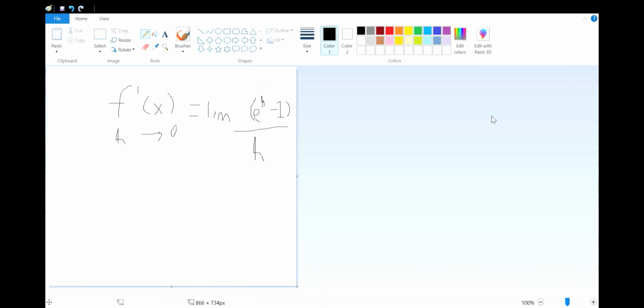We now use substitution, substituting e^h minus 1 for y, and also noting that e^h minus 1 as h approaches 0 is 0, because e raised to the power of 0 is 1 and 1 minus 1 is 0.